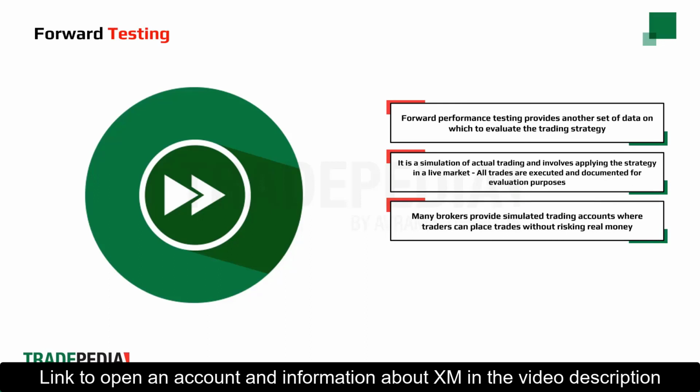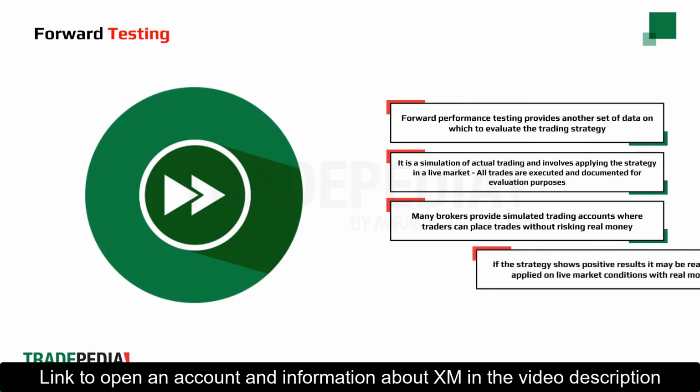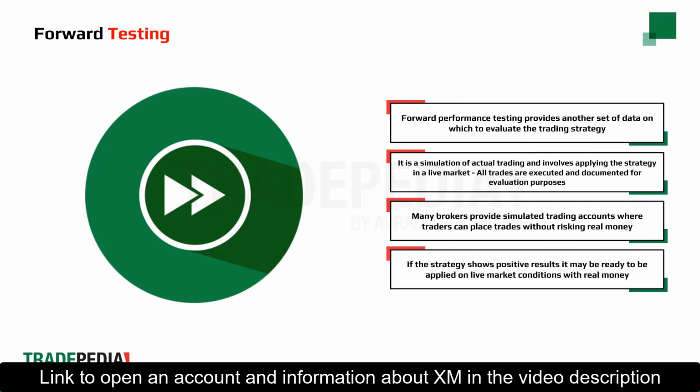Many brokers provide simulated trading accounts where traders can place trades without risking real money. If the strategy shows positive results with good correlation between in-sample, out-of-sample, and forward performance testing, it may be ready to be applied on the live market conditions with real money.